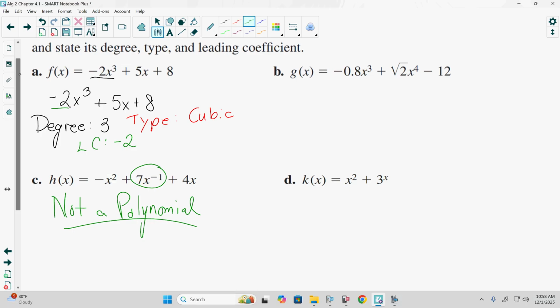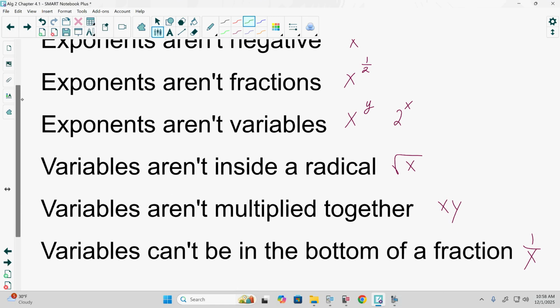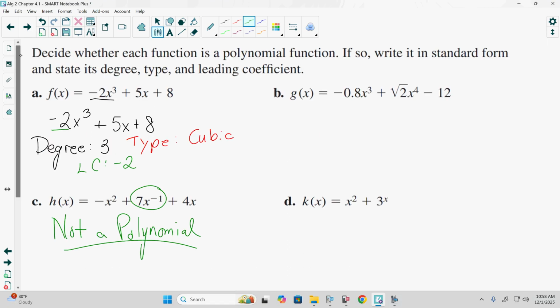No, the only two exponents we have attached to variables are x to the third and x to the fourth. So that's fine. Other direction. Exponents aren't fractions. No, we don't have any exponents that are fractions, especially attached to variables. Do we have any variables in the exponents? Nope. So we're good there.